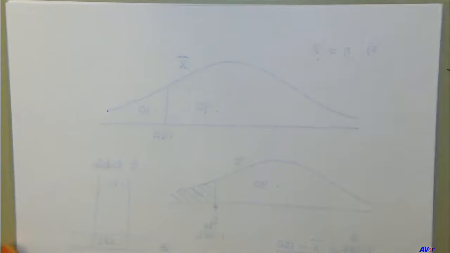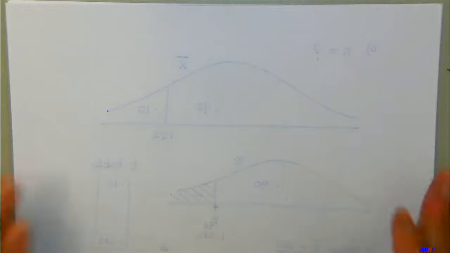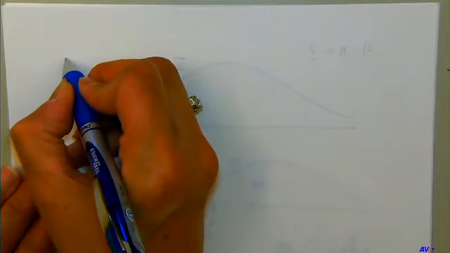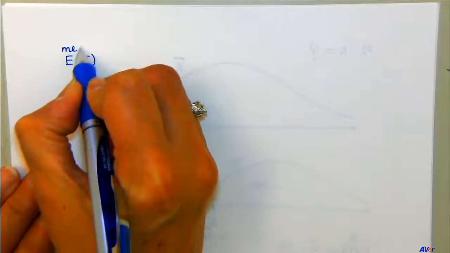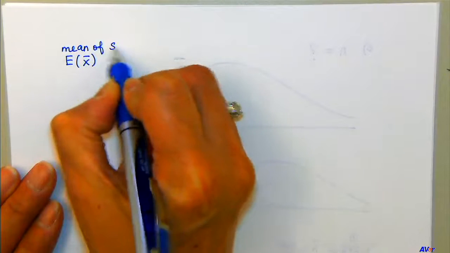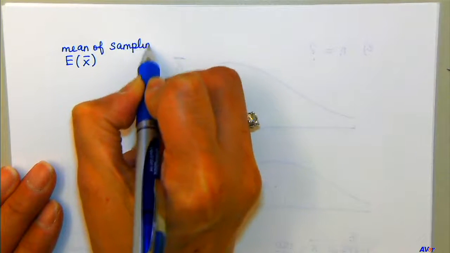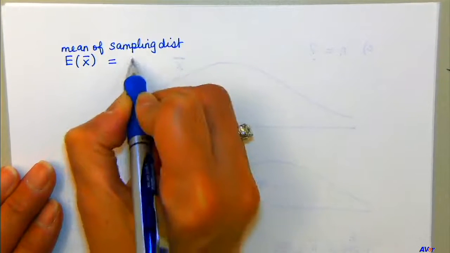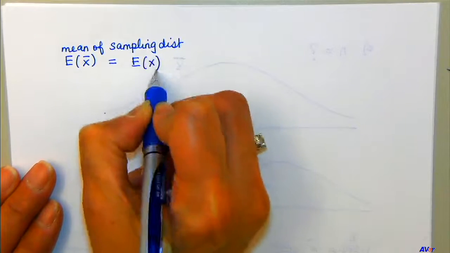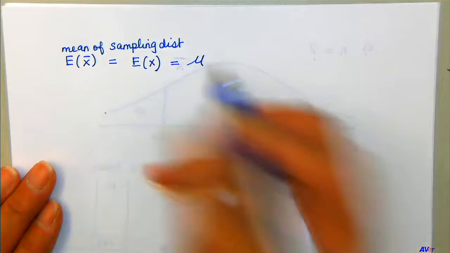So we had a couple of formulas last class, and they said that E of x bar, that's the mean of the sampling distribution, is equal to E of x, which is mu.